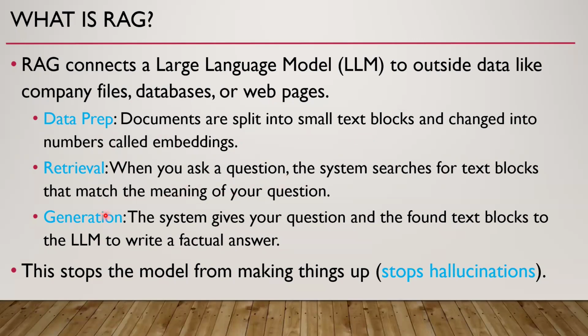Next step is generation. The system gives our question and the found text blocks to the LLM to generate a factual answer. This process of consulting the local data stops the model from making things up, or stops hallucinations.